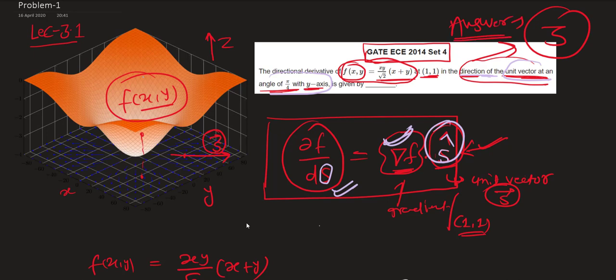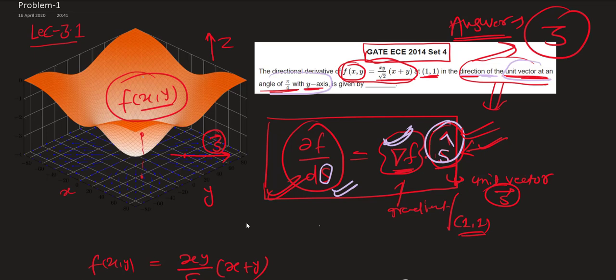So just remember what is being asked in the question. That is why I emphasised this fact in the last class, that just understand the terms, because you might be knowing this mathematical equation but you can't decode this question, what is being asked in the question. So we are given the direction. So just remember, when you are calculating the directional derivative, it simply means the derivative in a particular direction.